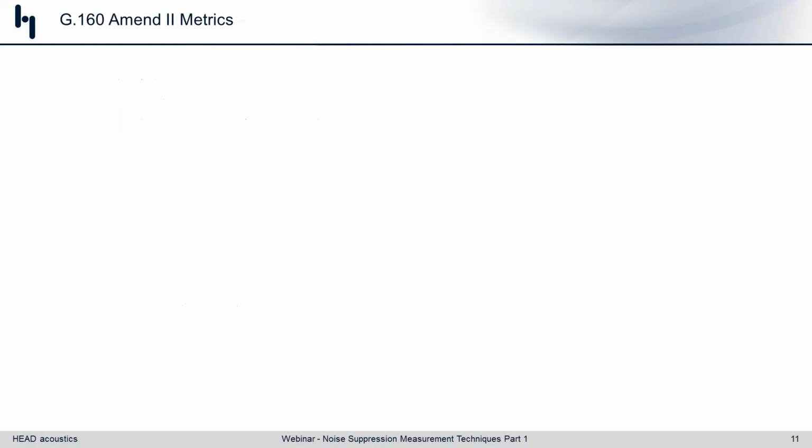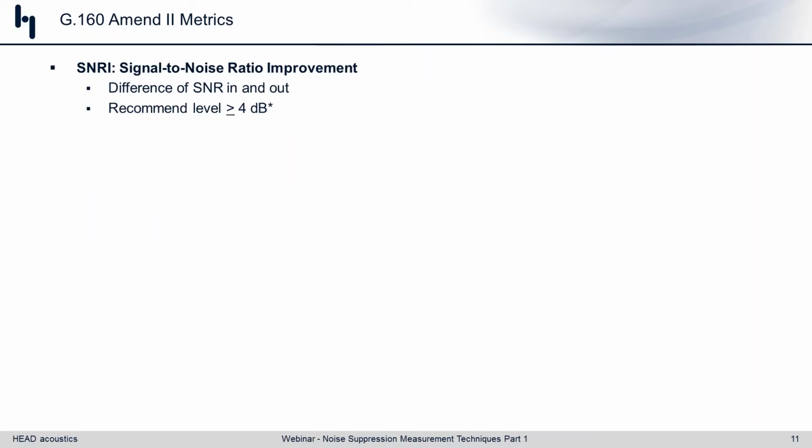So when we look at G160, the ITU standard, what you'll see is that we actually get 4 individual metrics with the SNRI metric. So SNRI is sort of the shorthand for what is encompassed in G160, but SNRI, the actual signal to noise ratio improvement metric, is one of the individual 4 metrics that we get out of it.